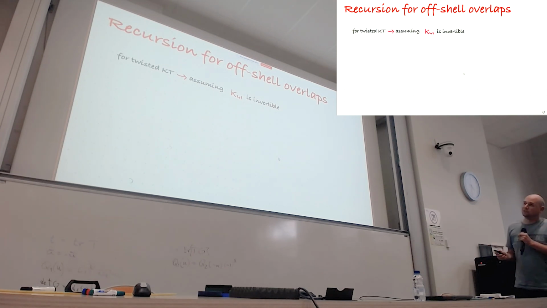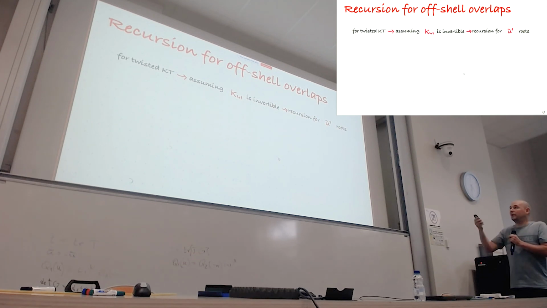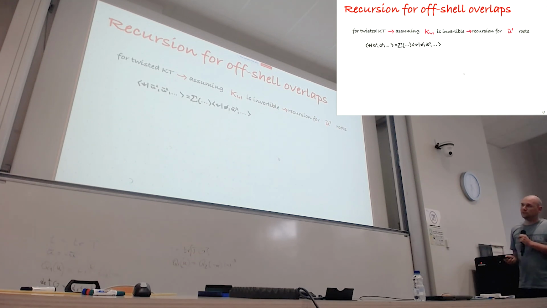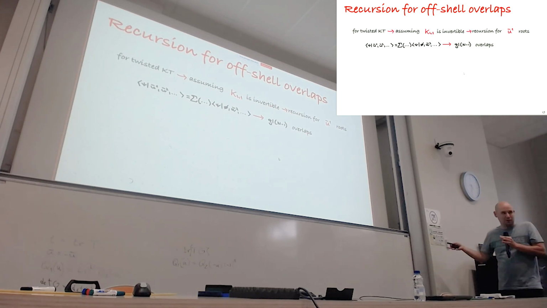So in this twisted situation, this K11 has to be invertible. And if this matrix is invertible, then we have a recursion for the u1 roots. So we obtain this type of recursion, and we can eliminate all u1. So we can express the general overlap with a sum of GL_{N-1} overlaps.